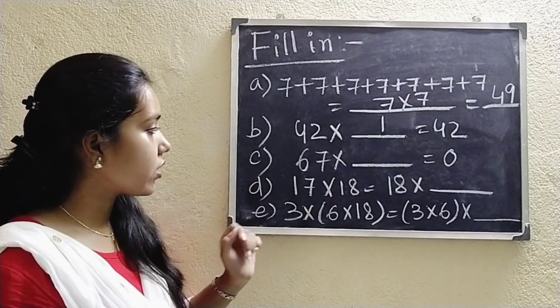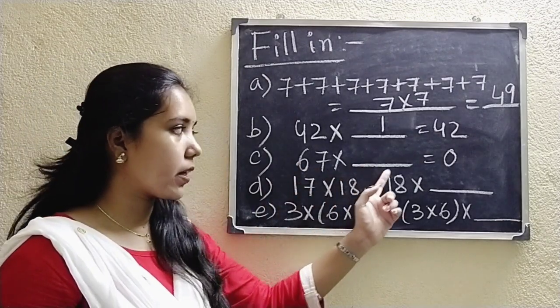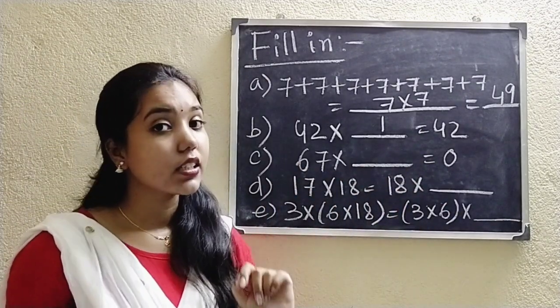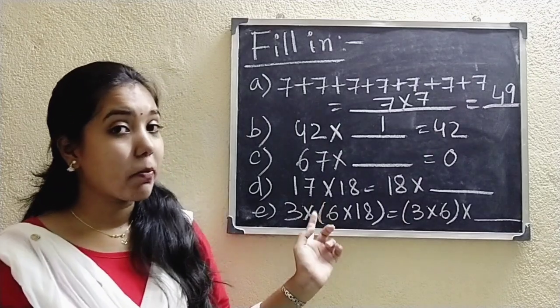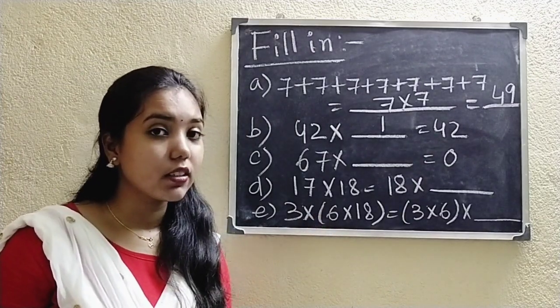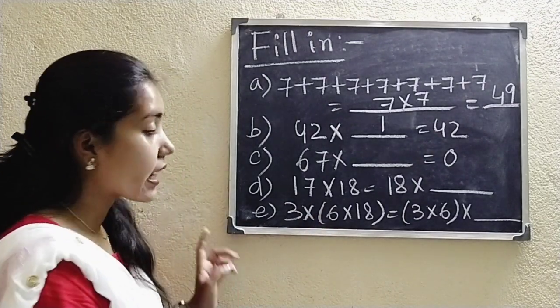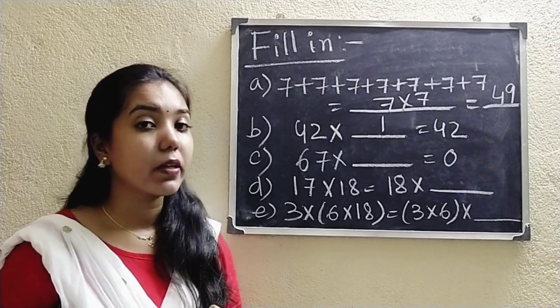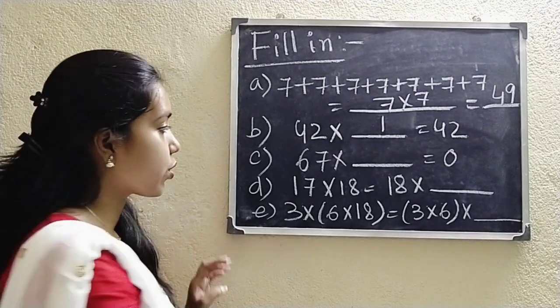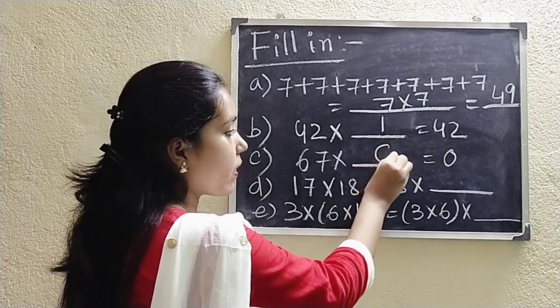In the third question, 67 is multiplied by a number and it gives the product as 0. Now remember the zero property of multiplication? It says that when a number is multiplied by 0, the product is 0. So here 67 is multiplied by 0.